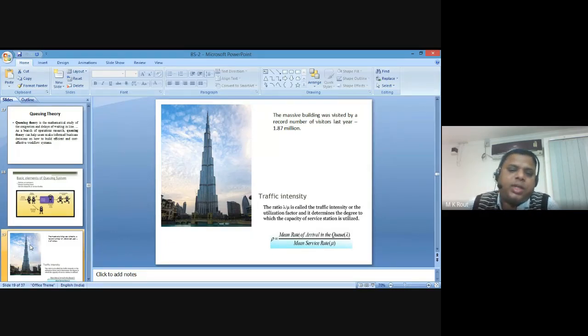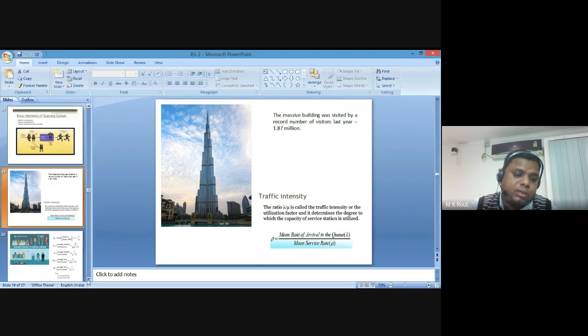The ratio lambda by mu is called the traffic intensity or the utilization factor. It determines the degree to which the capacity of the service station is utilized. That means whenever people arrive inside, they provide the rate of services. In that way, they can calculate the traffic intensity. How do they calculate? I will show other formulas.